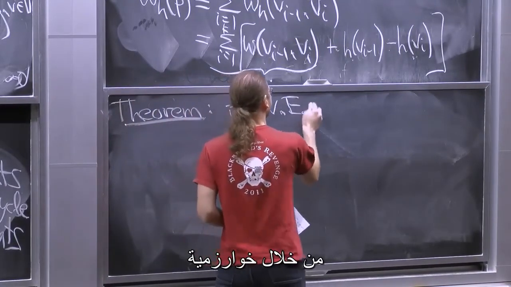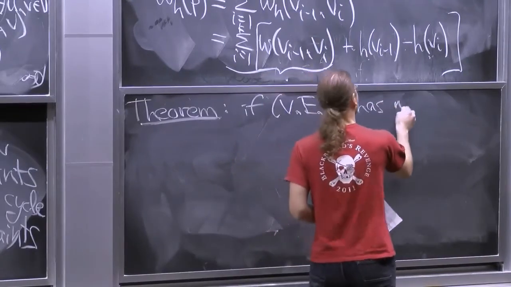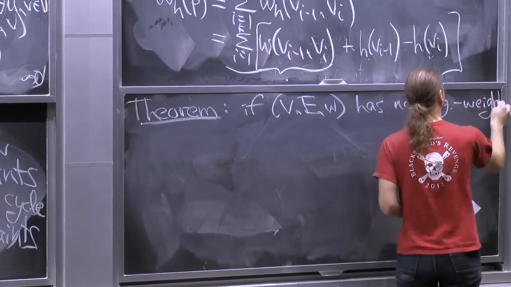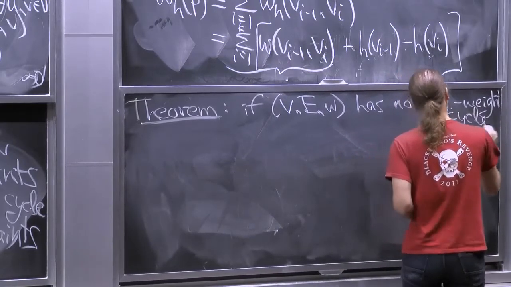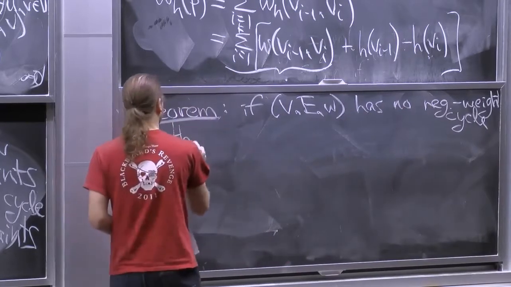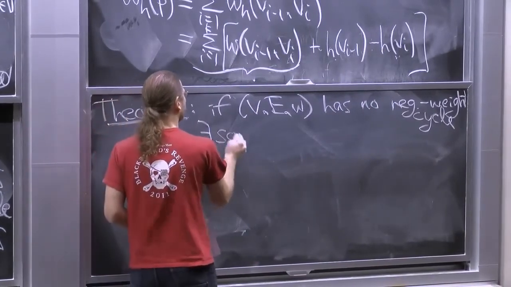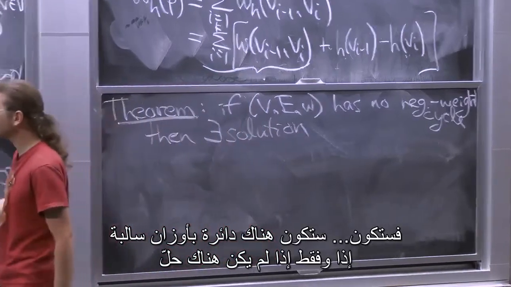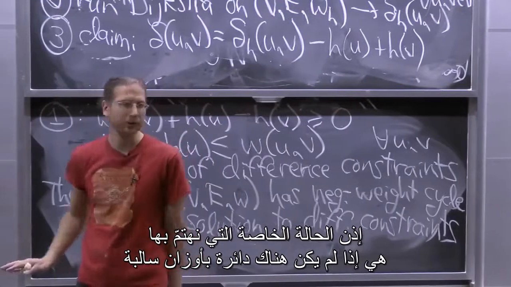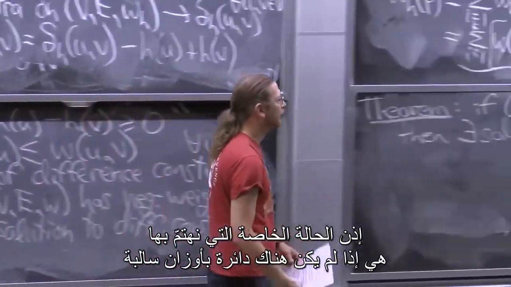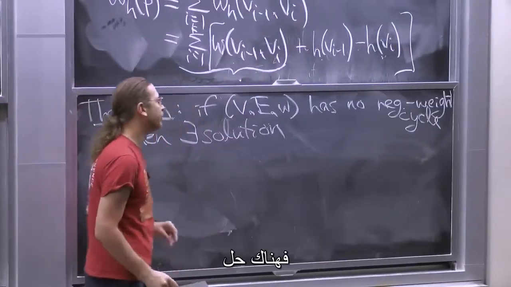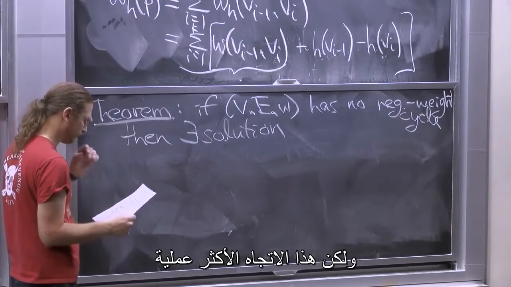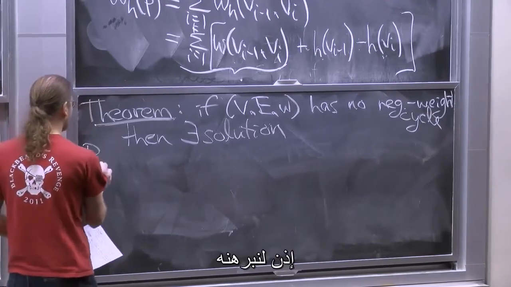It's an algorithm. So it's going to be, there's a negative weight cycle if and only if there's no solution. So in particular, the case we care about is if there's no negative weight cycle, then there is a solution. We kind of care about both, but this is the more practical direction. So let's prove it.